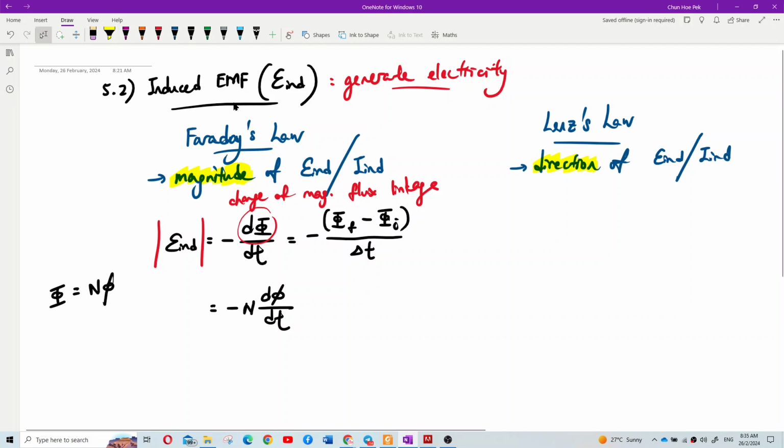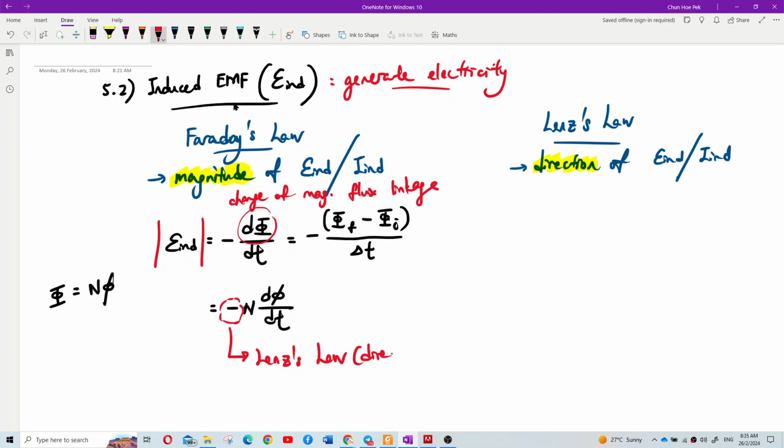And there's this negative sign. You can see here there is a negative sign. This one is for Lenz's law, which concerns direction. I will talk about Lenz's law later on. So the negative sign is for Lenz's law, but the equation is for Faraday's law.